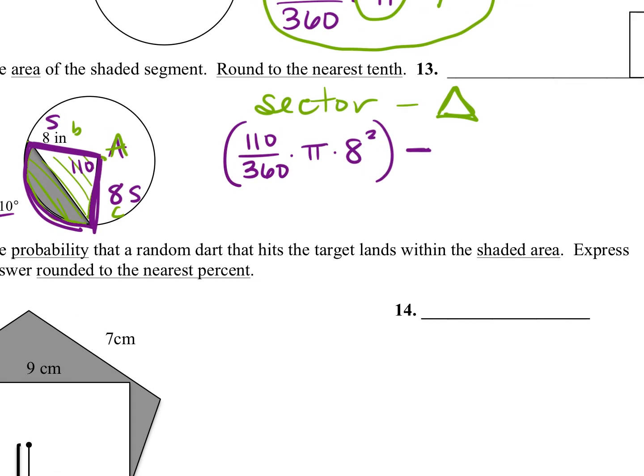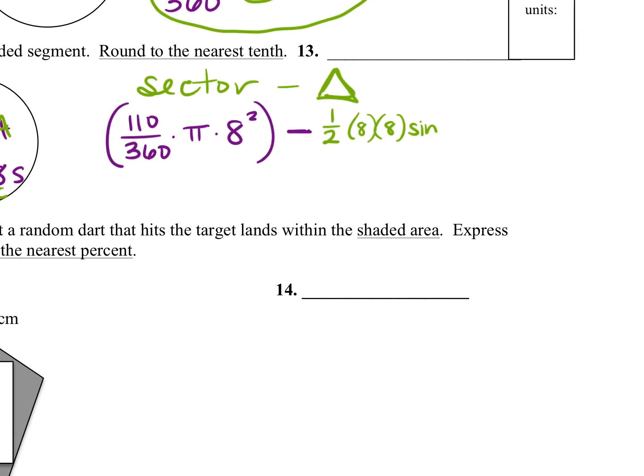So treat it like that. On your formula sheet, it will say the area of an SAS triangle is 1/2 BC sine A. Okay, so what you're doing is you're finding the area of the sector, the purple, you're finding the area of the triangle, the green, and then you're subtracting them, or if you want to write it how you see it, make sure you put parentheses around it.